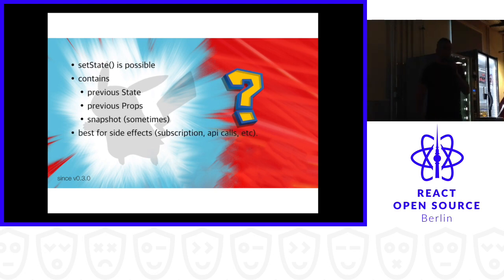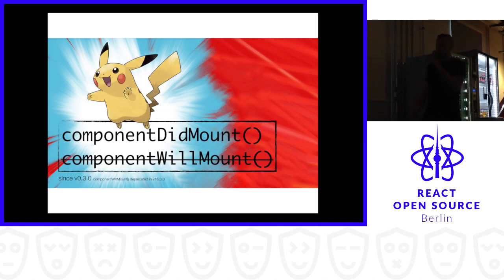Invokes right after the render method. Good for side effects and subscriptions. Invokes right after rendering. Right, it's componentDidMount. You cannot use previous props or previous state here. Sometimes it's passed to other methods, but it could be shared between all of them.